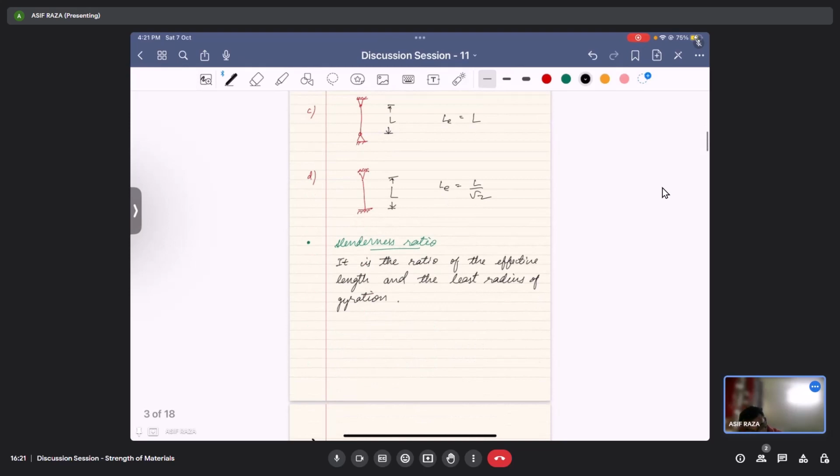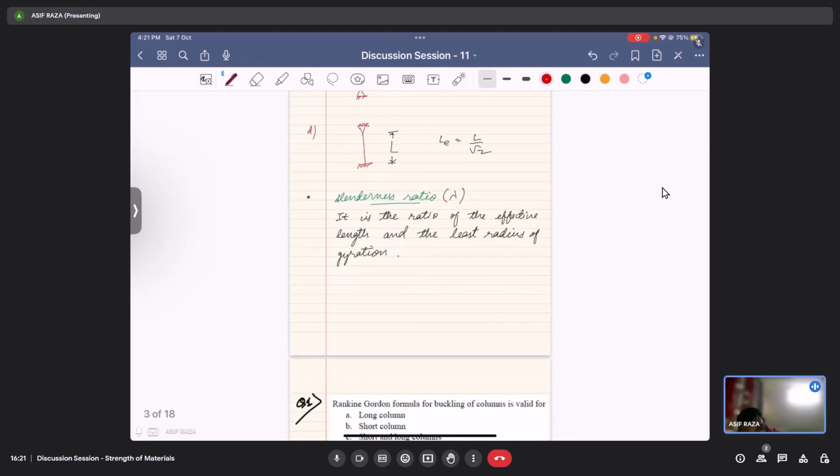It is denoted by lambda, thus I can write lambda is equal to LE by R minimum.